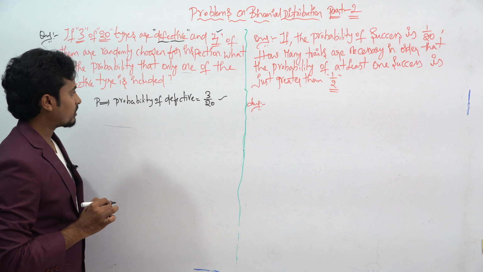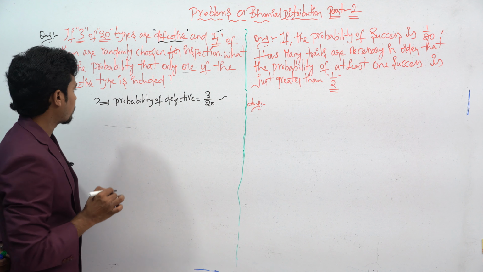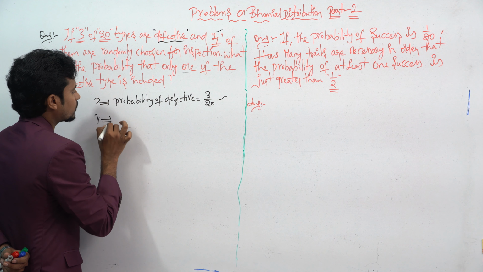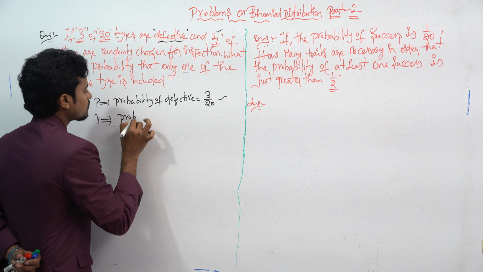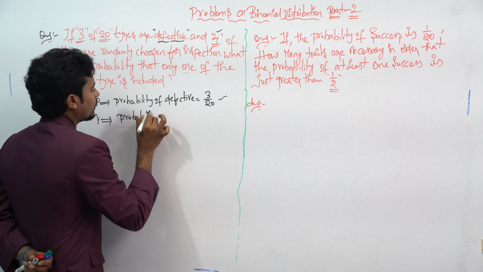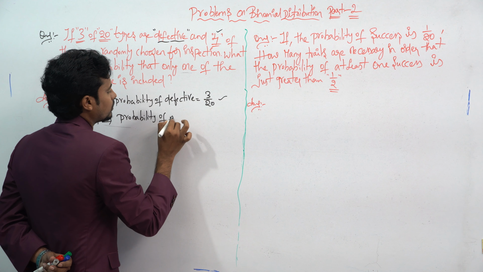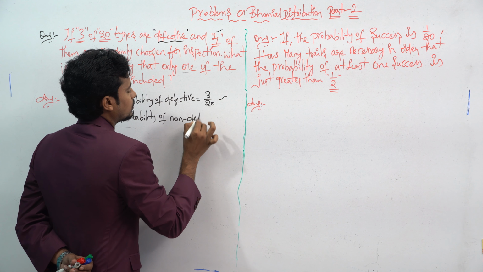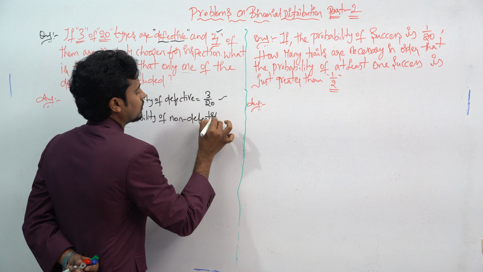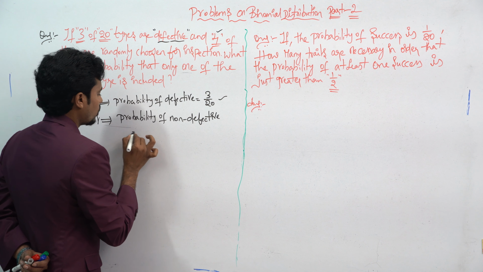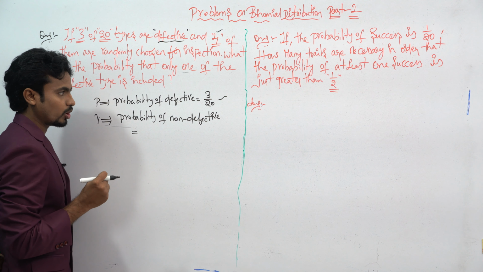So how can you find the non-defective probability? Let Q be the probability of non-defective.